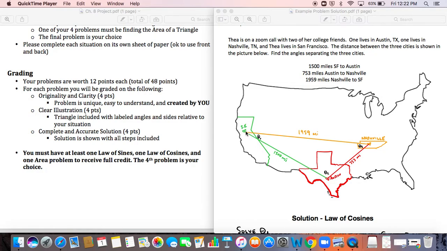But notice that in this picture, all 3 of the distances were given, and so all 3 of the distances are labeled on this triangle. The angles were the things that we were trying to solve for, so those were not labeled. So this is how you would set it up if you were trying to solve it based on the info given in the problem, and then you will solve it after that.